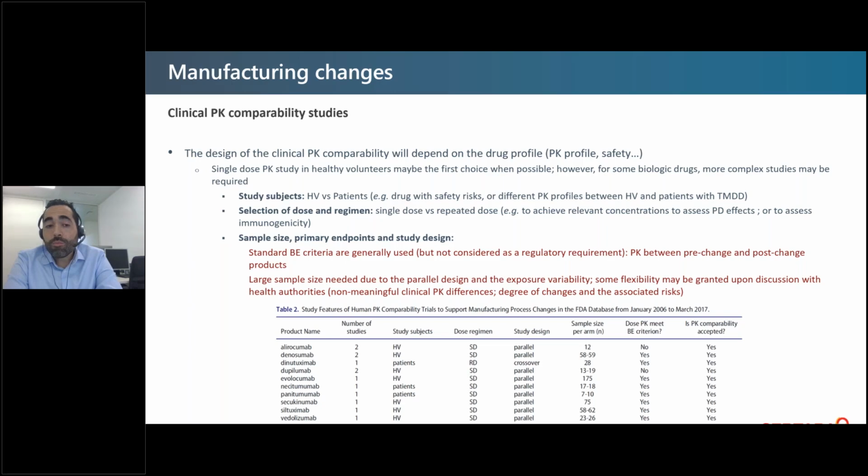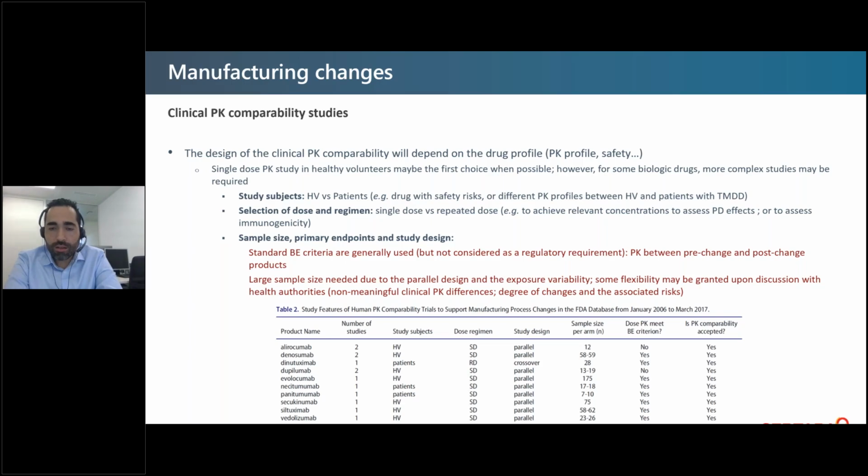You have in this table some examples of recent comparability studies for several drugs. You can see in this table that they enrolled either healthy volunteers or patients. They generally use a single dose regimen. There is one example of repeated dosing, but for most of the cases they were using a parallel design, and there is only one study where a crossover was used.